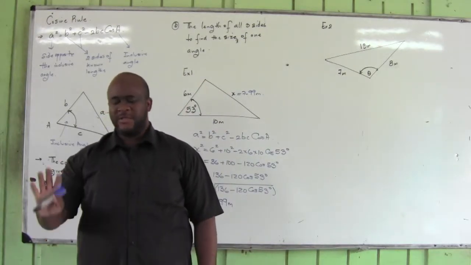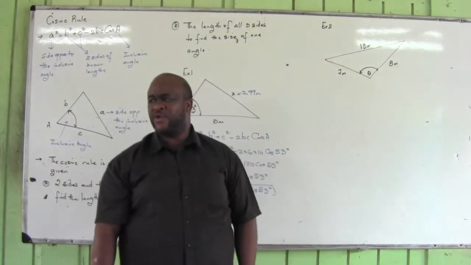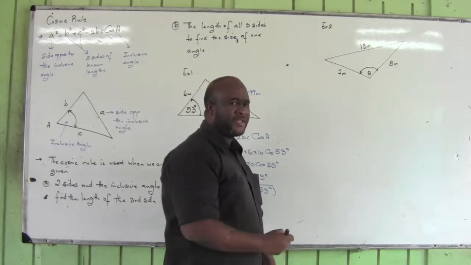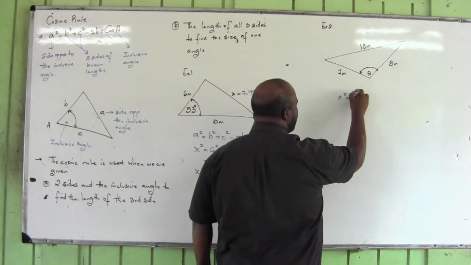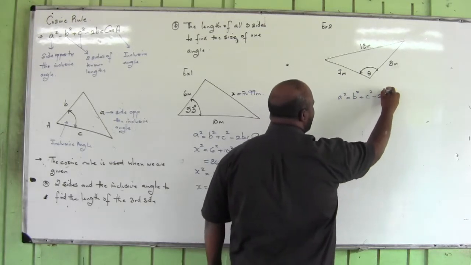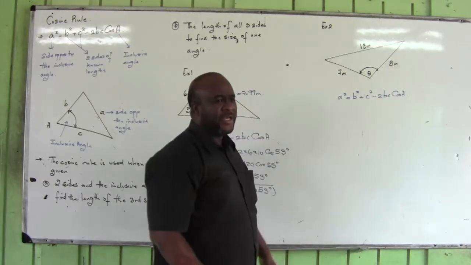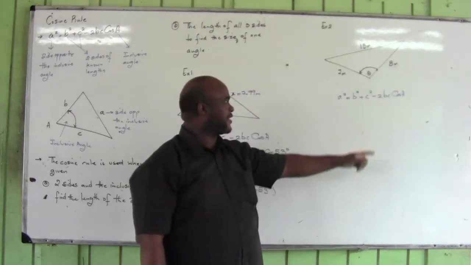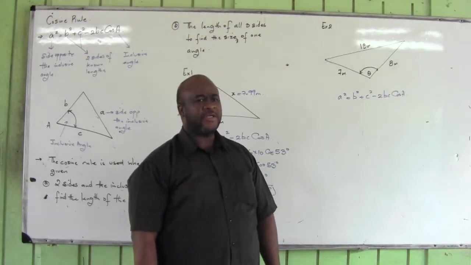In this case, the one angle you want to find is the inclusive angle. Watch everybody. I'm going to write the cosine rule. A squared is equal to b squared plus c squared minus 2bc cosine A. I'm given the length of all three sides and I wish to find the size of one angle.